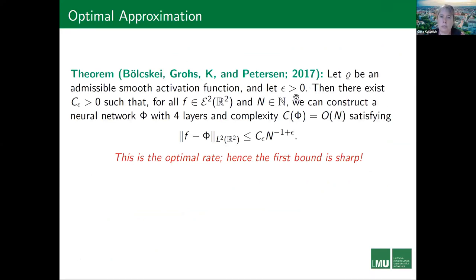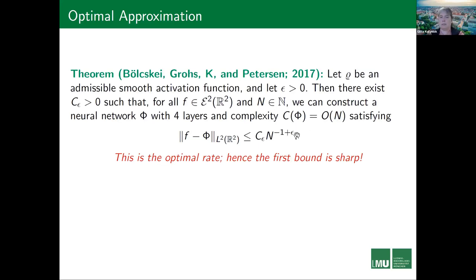We have an accuracy. Then for any cartoon-like function and for any n, I can construct neural networks with 4 layers and with this complexity. So that's the complexity I aim for, so that the error which I make behaves like this. And you see here again this magical -1 into the -1, but still this epsilon.